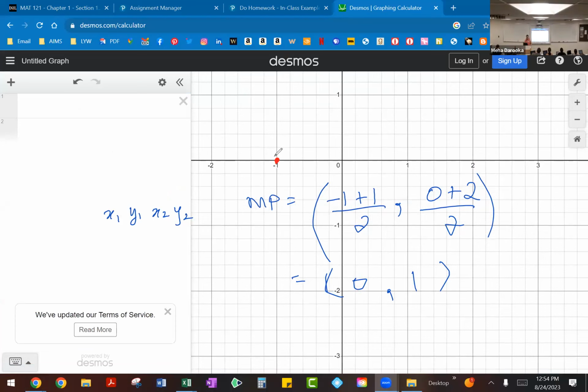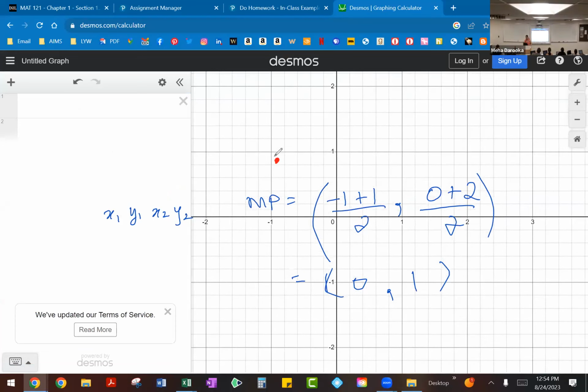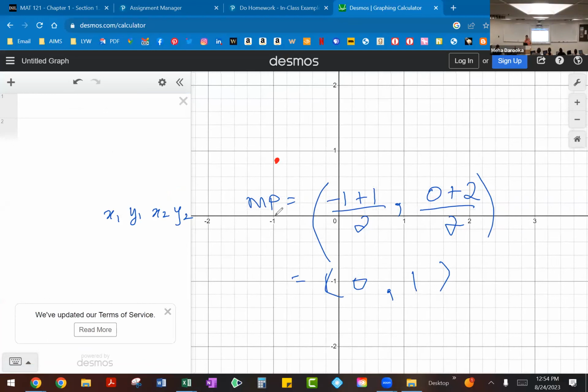And then -1 and 0, and then 1 and 2 would be here. So when we're talking about the midpoint, you can see that the midpoint between these two would fall here. We got the distance as square root of 8 or 2 square root of 2. Your midpoint is at 0, 1.